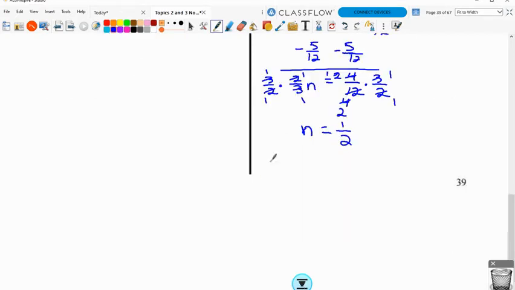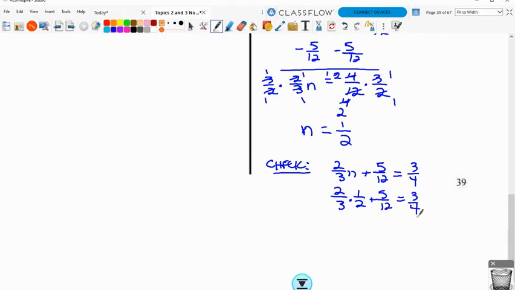Okay, so I'm going to do my check. And the problem said 2/3 n plus 5/12 equals 3/4. I think that n is 1/2, so I'll replace n with 1/2.